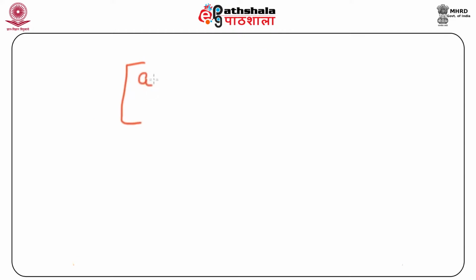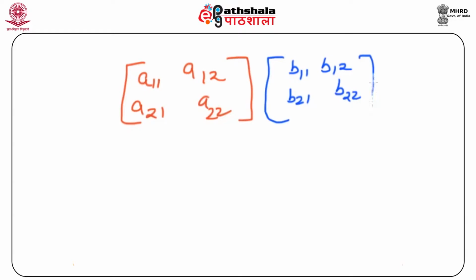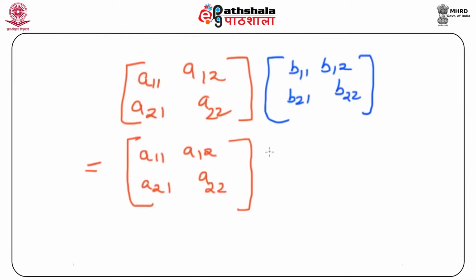We take these two matrices being multiplied directly.